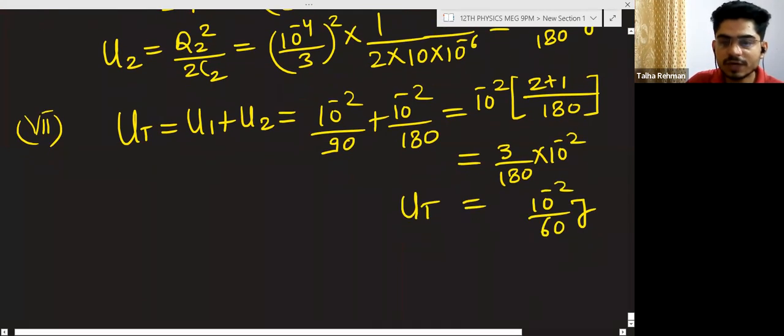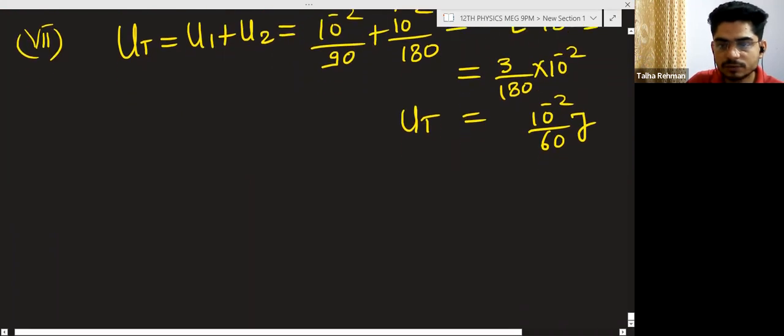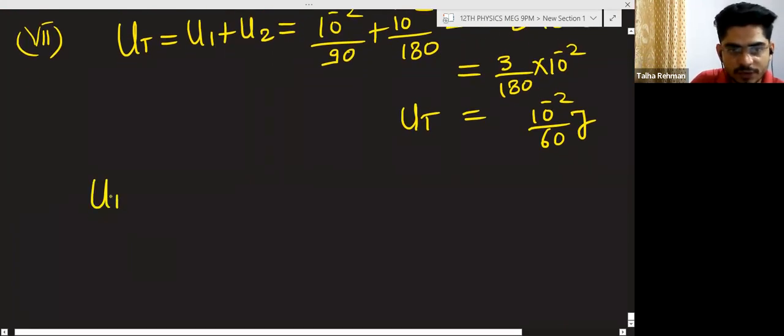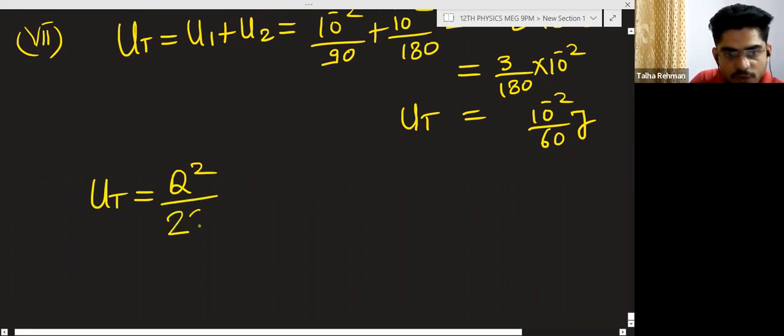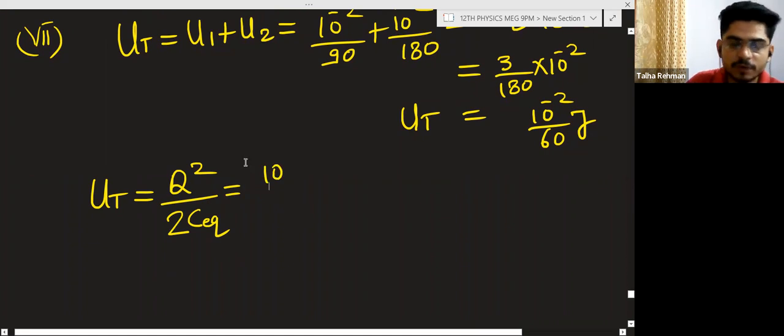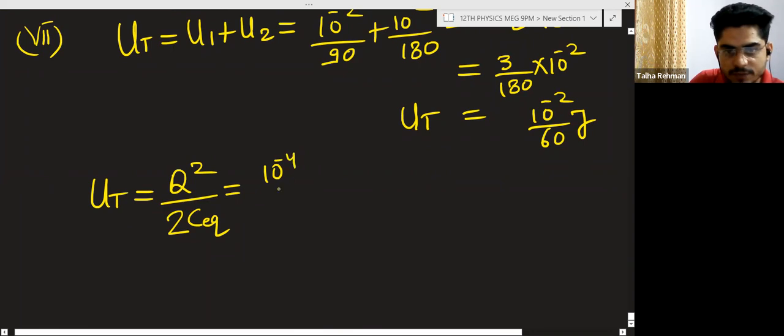Or you can calculate the total energy by some other method also. You should do it like this: charge squared, divided by 2 times C equivalent. Now put the value of charge, 10 to the power minus 4 by 3, squared, into 1 upon 2 into C equivalent.